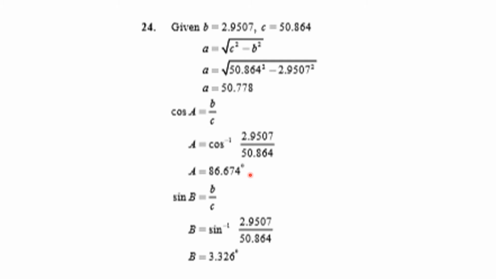And also the sine of B is going to be b over the hypotenuse. So that means that capital B is the inverse sine of that ratio. And so the angle B is 3.326 degrees. So again, a different kind of problem.